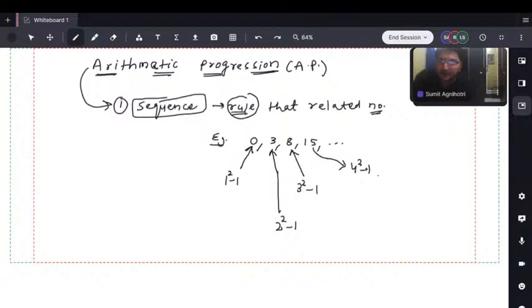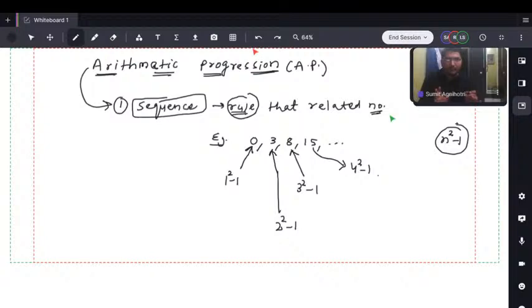If you want the next term, you will just apply the same concept. That means the next term is going to be 5 square minus 1. Sir, 24. Exactly. And even the next term you can just answer now. It's going to be 35, obviously. I think it must be okay for you now.